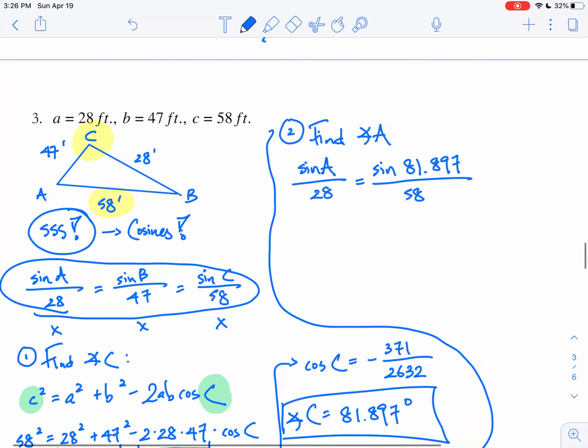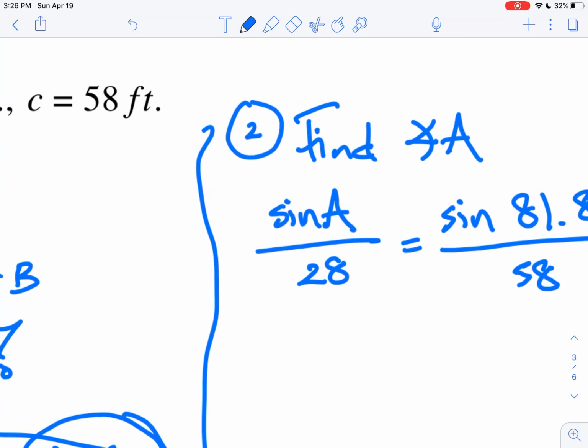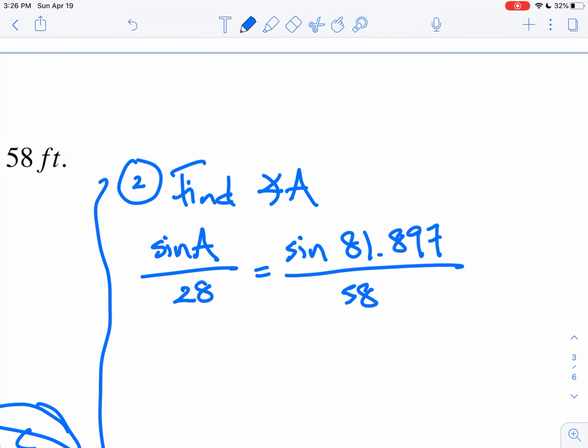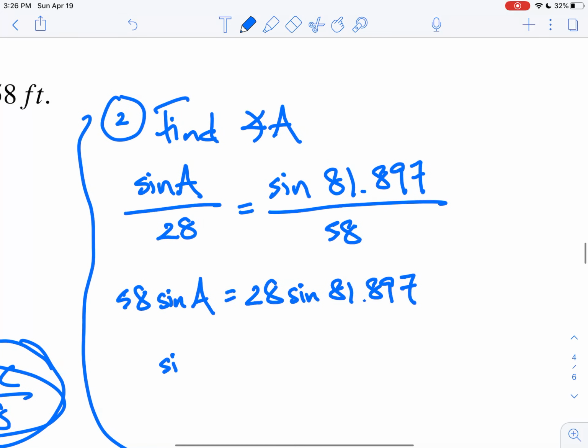Okay, so again, I'm just taking the information I found for angle C, which makes this one a full pair, and using it to help me find the other angles. So I'm going to cross multiply. 58 sine A equals 28 sine 81.897. I'm going to divide.